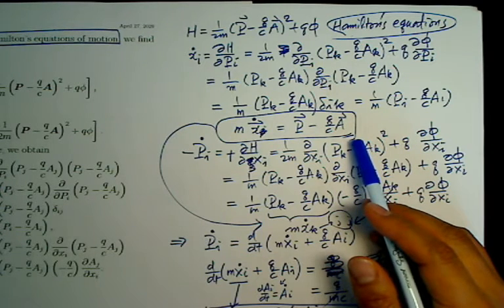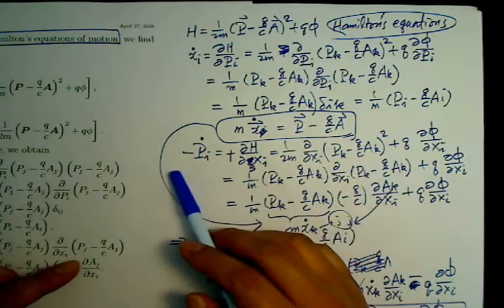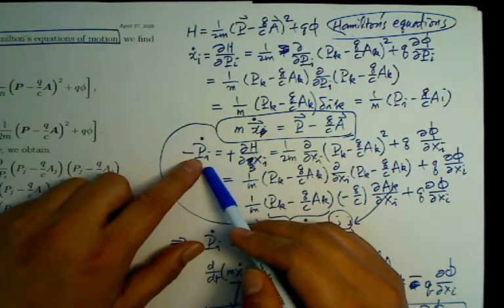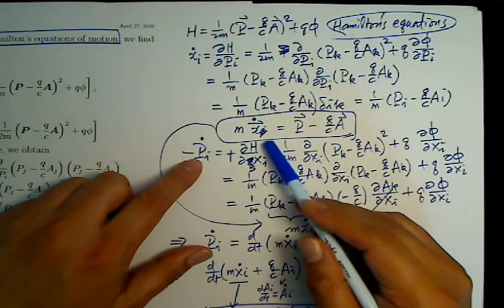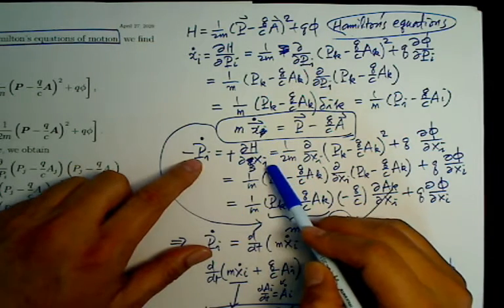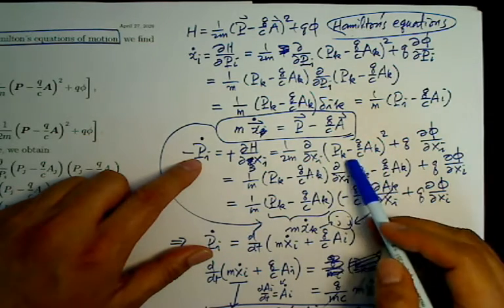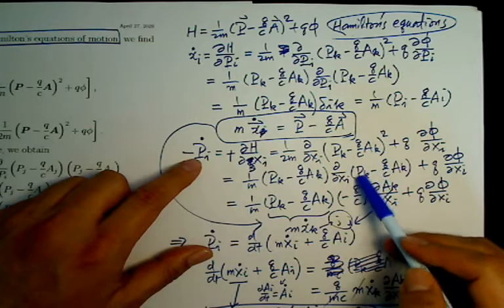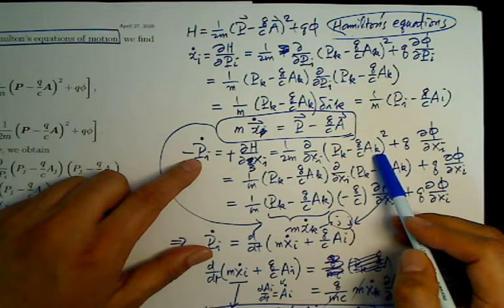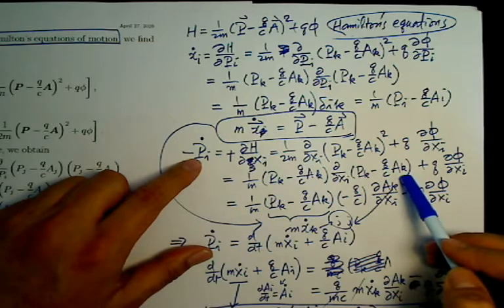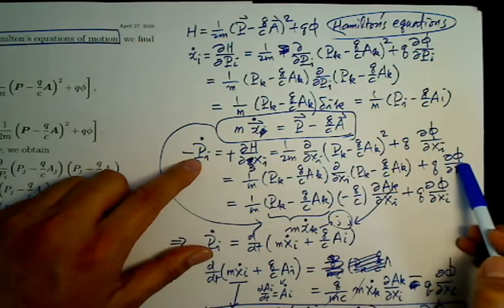The second equation is, of course, this one: minus the momentum's time derivative equals the Hamiltonian's spatial derivative, the gradient. The Hamiltonian's spatial derivative involves the derivative of momentum. We do not have to consider the derivative of the vector potential and the derivative of the scalar potential.